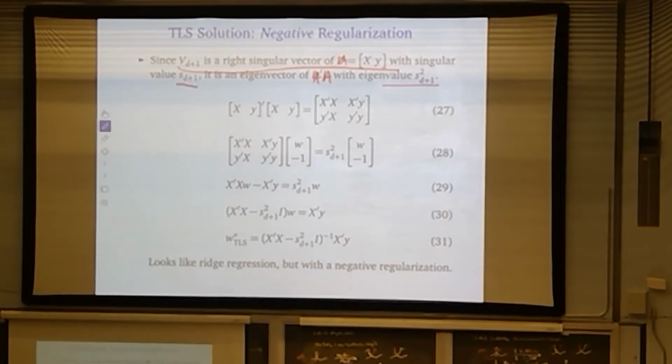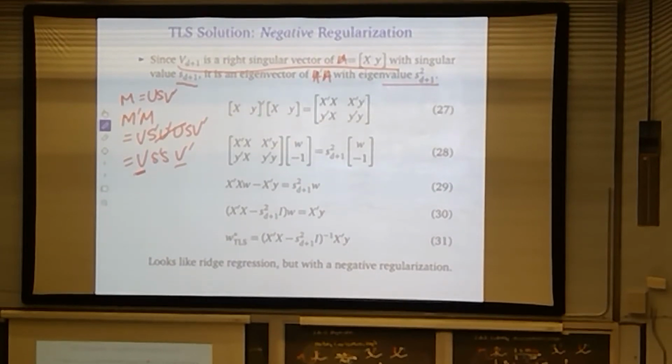Basically, if any matrix M is U S V transpose, then M transpose M will be V S transpose U transpose U S V transpose, and this cancels out and equals V S transpose S V transpose, right? So any right singular vector must be an eigenvector of this matrix.